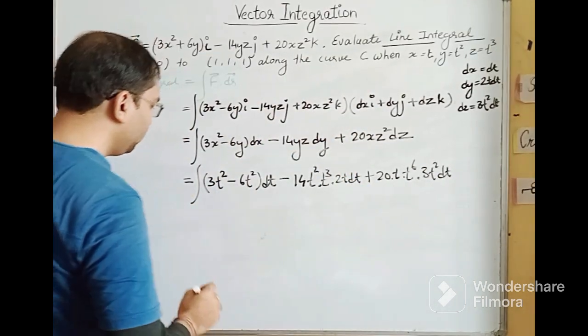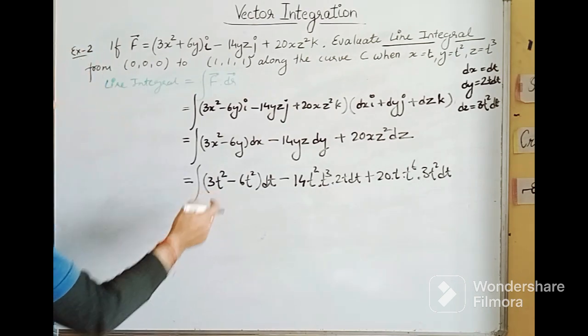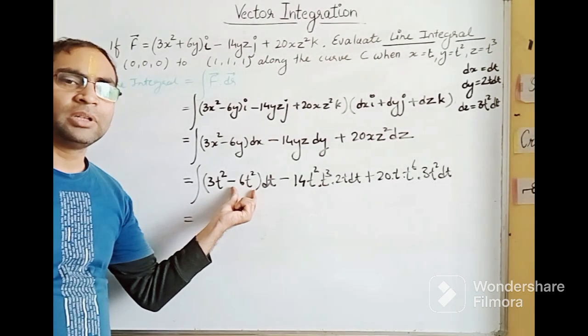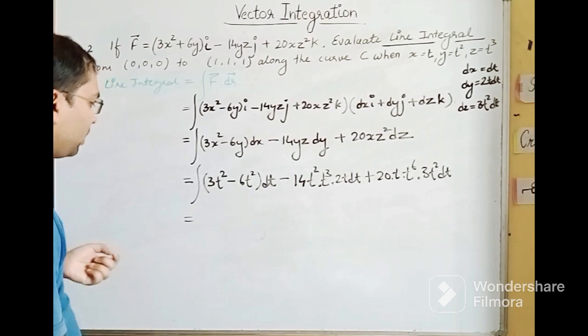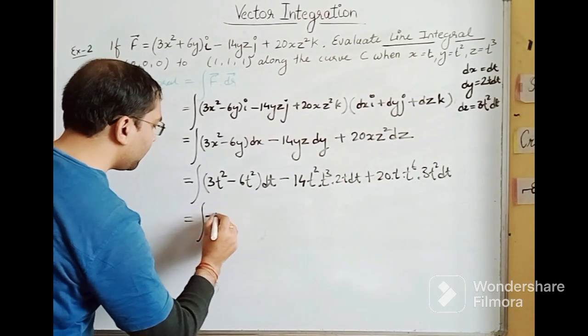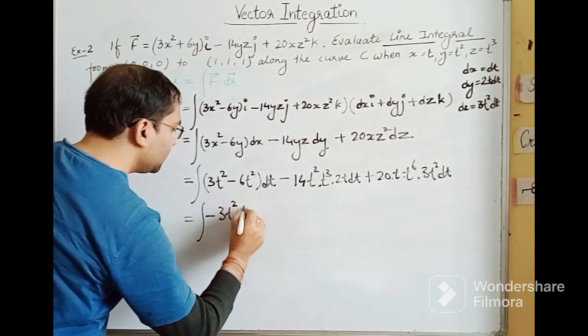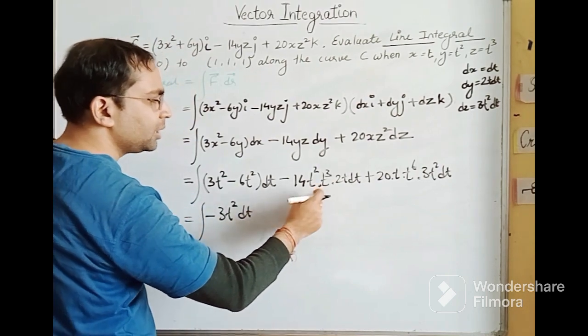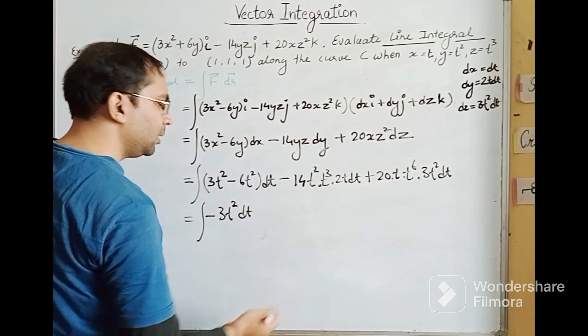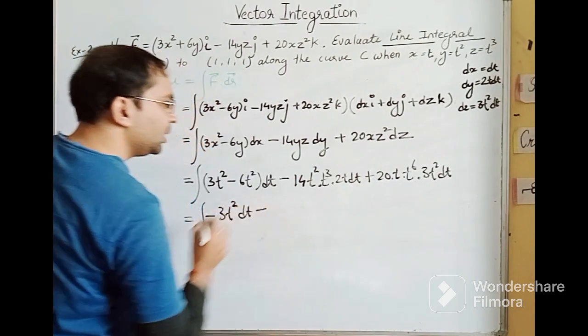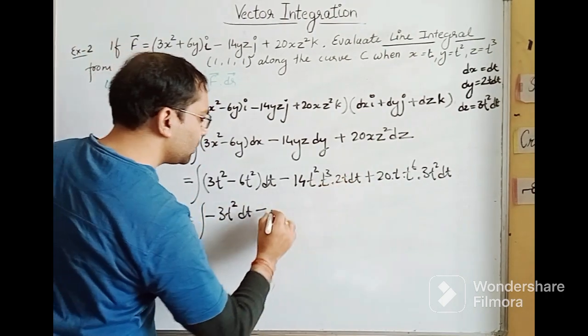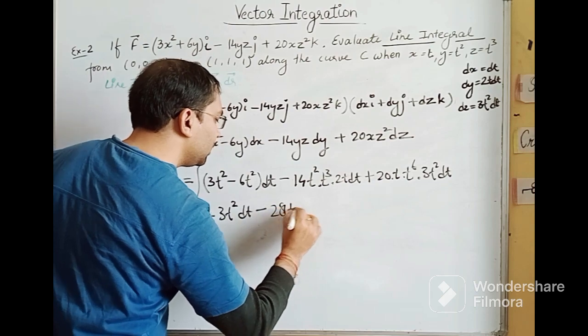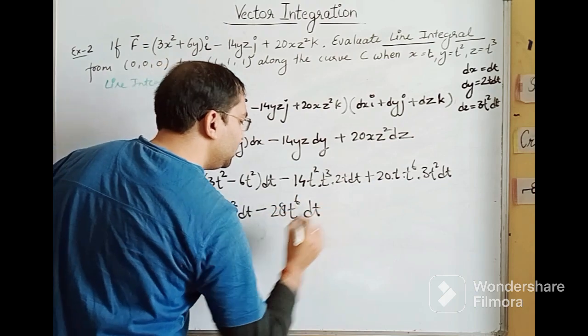Now we'll solve this. We can say here 3t square minus 6t square will be minus of 3t square. So this is the integral of minus 3t square dt. Now here we have t square, t cube and t, which will be t to the power 6, and 14 into 2, this is minus of 28t6 dt here.